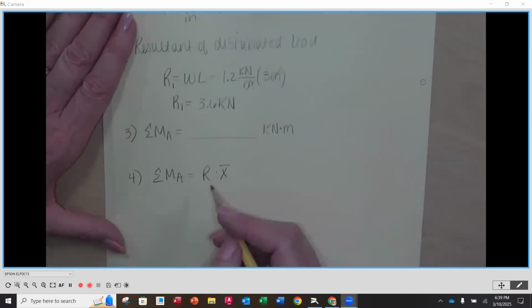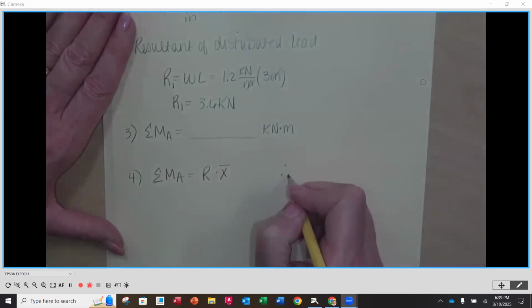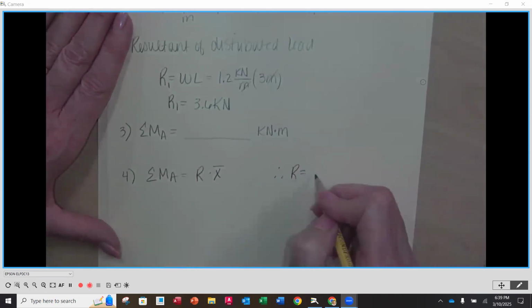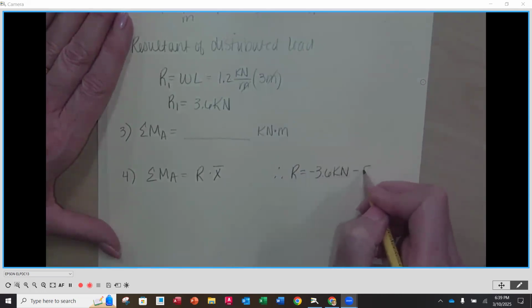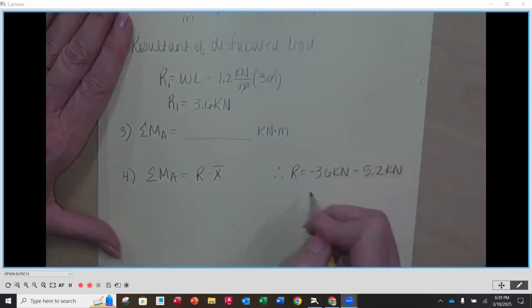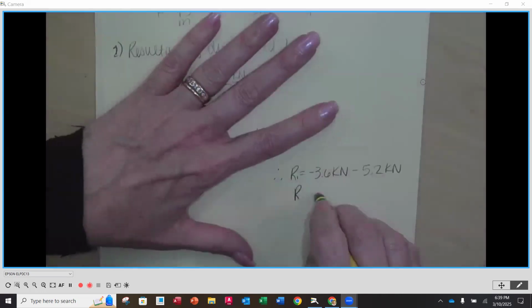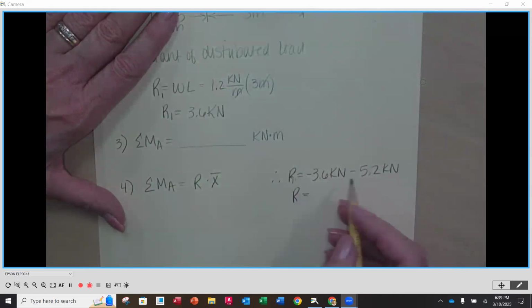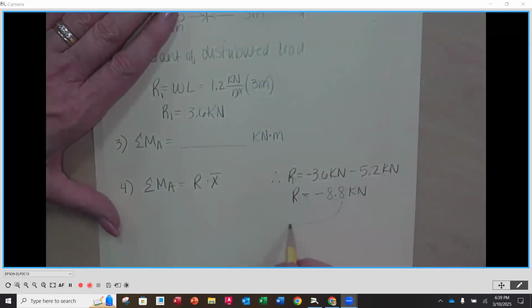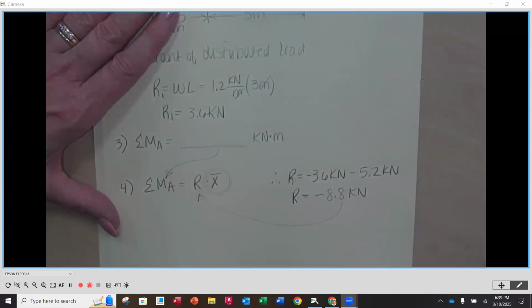So the resultant is equal to negative 3.6 kilonewtons minus 5.2 kilonewtons. So my overall resultant, not resultant 1, is equal to negative 8.8 kilonewtons. Now that value is going to go up here, and then you'll solve for your X bar.